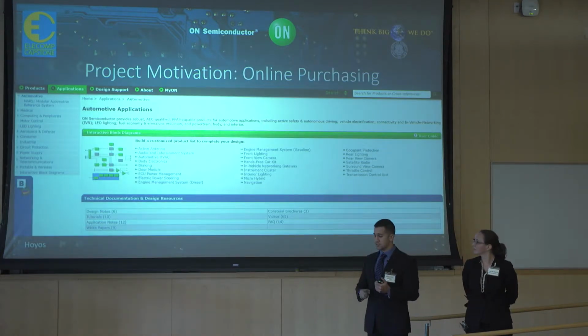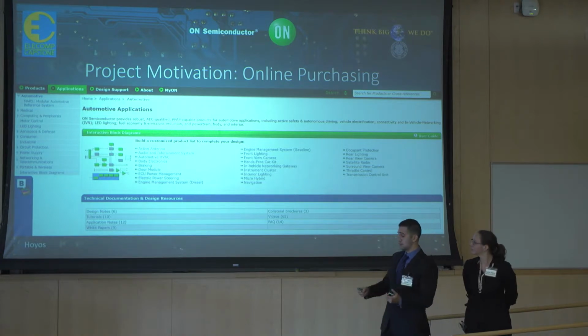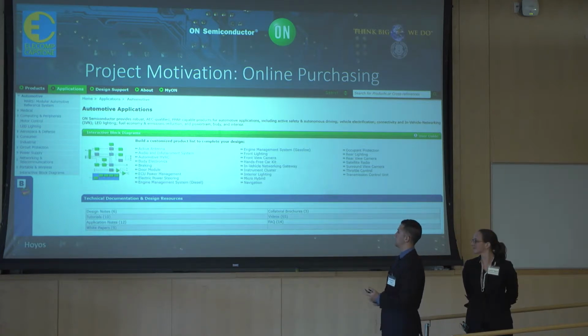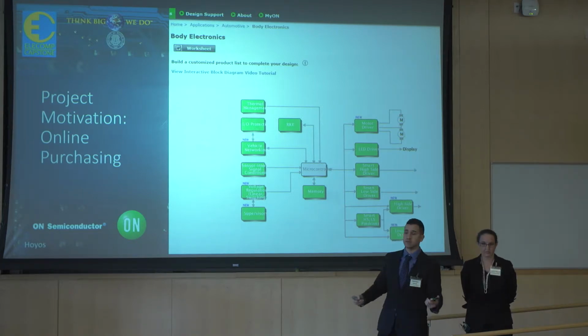So right now, this is pretty much what the On Semiconductor webpage looks like. You don't have to look much into it, but there's a lot of steps to it when you want to find an IC that works for your application. So you go on the website, you select what you need it for, in this case automotive, and you go through many design notes and specs, and then it takes you to another webpage such as this block diagram where you keep on building your ideal integrated circuit.